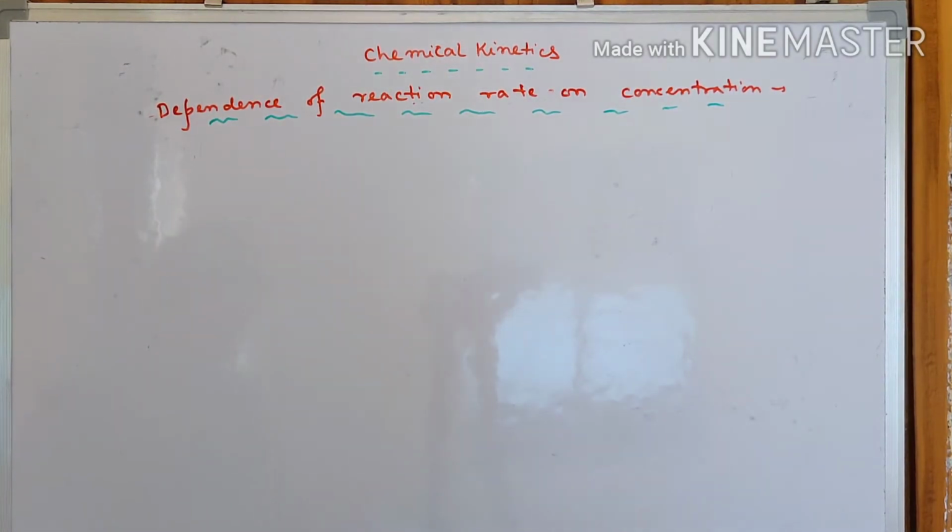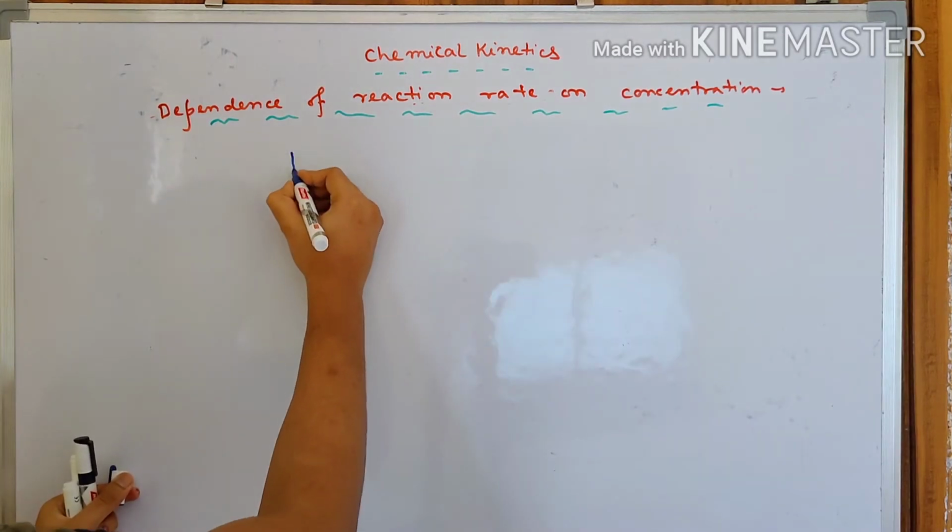Remember, whenever a chemical reaction proceeds, the reactant is getting converted to product. So as a result, the concentration of the reactant decreases and the concentration of the product will increase. So this is the general behavior. So let us see a graph between the two.